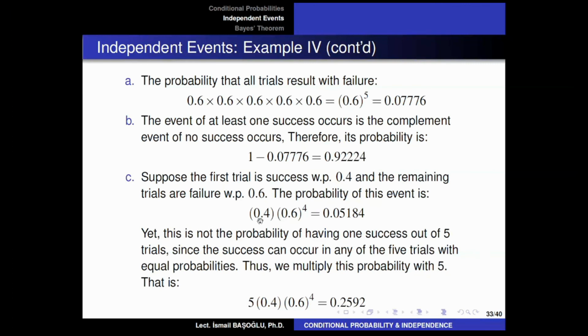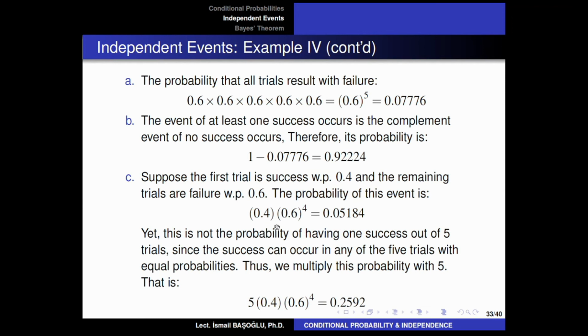For that, we need to multiply the probability of a single success with the probability of 4 failures, which is 0.6 to the power 4, because of the independence between the trials. However, this probability is the probability of having the first trial as success and the remaining 4 trials as failure. So this is the probability of a single permutation of these successes and failures.